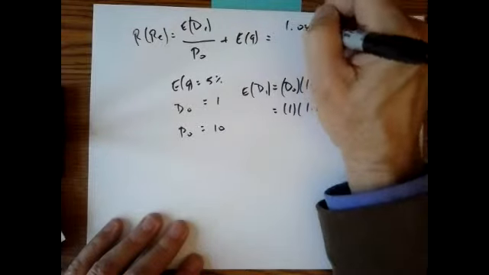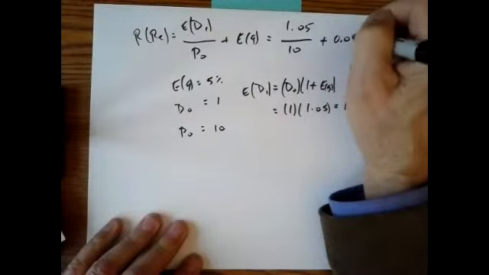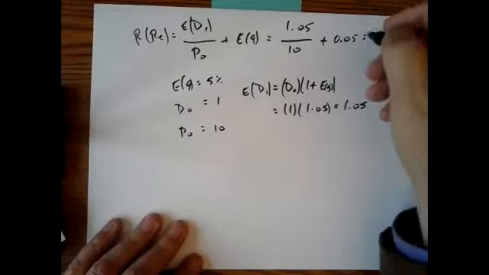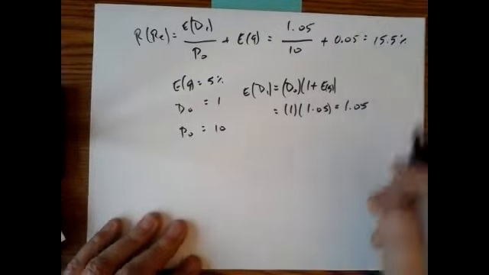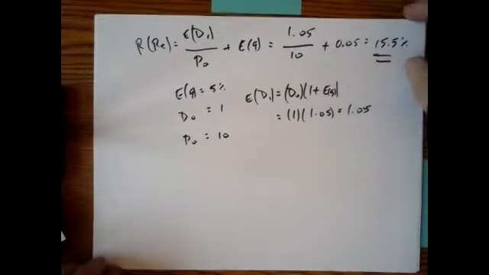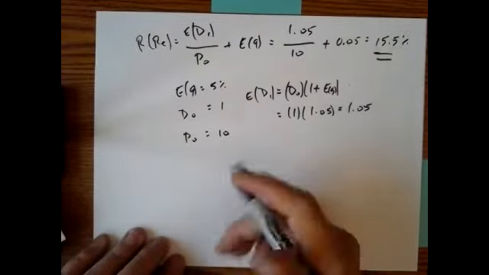So we have 1.05 divided by 10 plus 0.05 gives us 15.5%. So according to the DCF model, discounted cash flow model, we get an estimate of 15.5%.